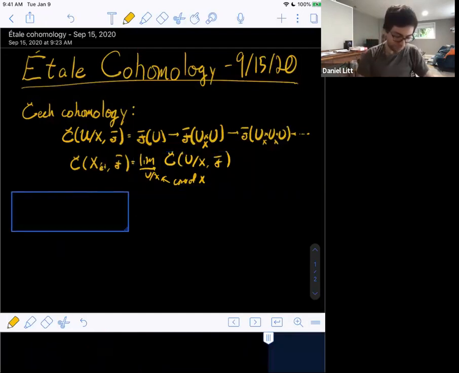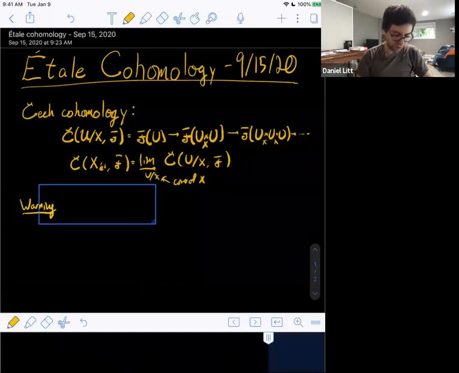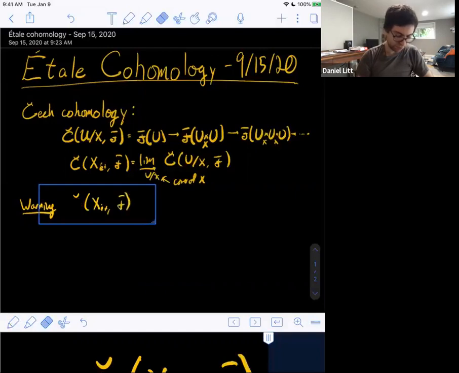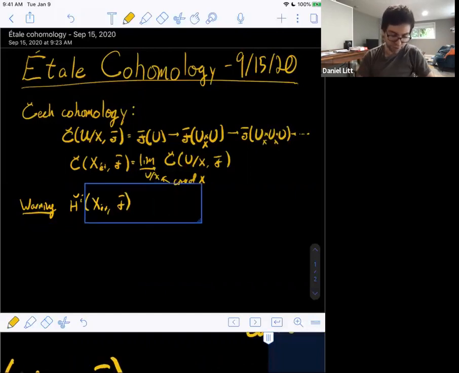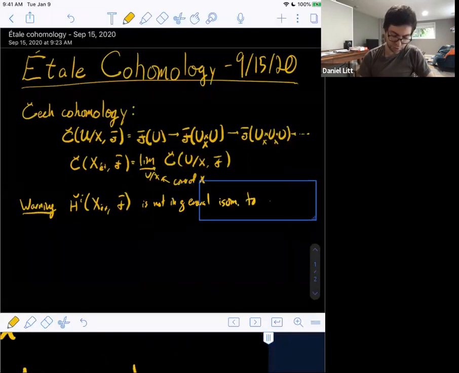So the main theorem. The general warning is that in general, Čech cohomology, we defined H^i Čech to be the cohomology of this complex, is not in general isomorphic to derived functor cohomology.